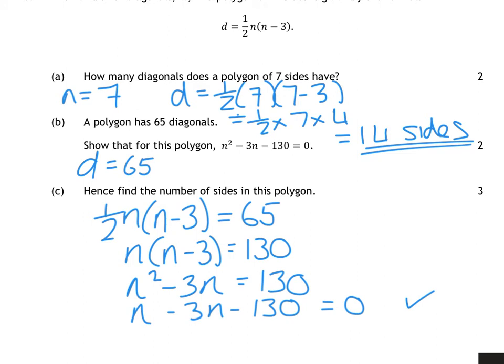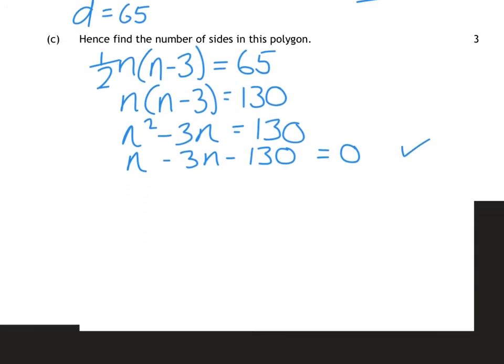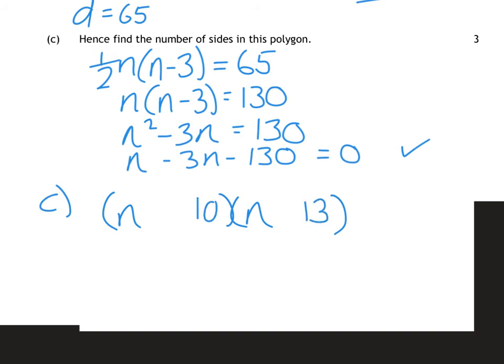It then says for part C, find the number of sides on this polygon. So we've got a quadratic, we've got it equal to 0, so we have to factorise it. Two numbers that multiply to 130 and somehow make 3. I think it's a 10 and a 13. It's got to be positive 10 take away 13.